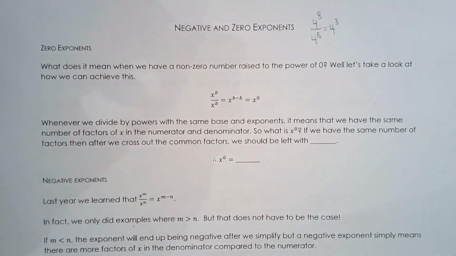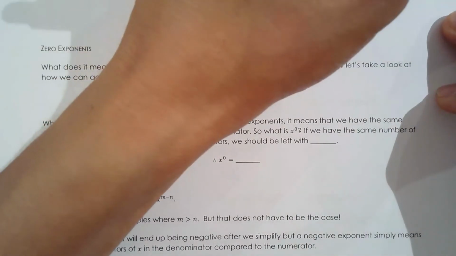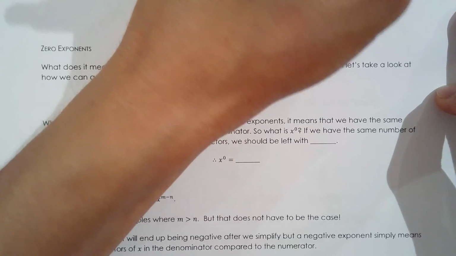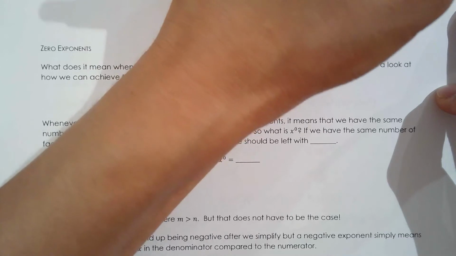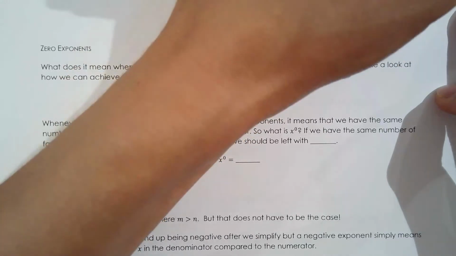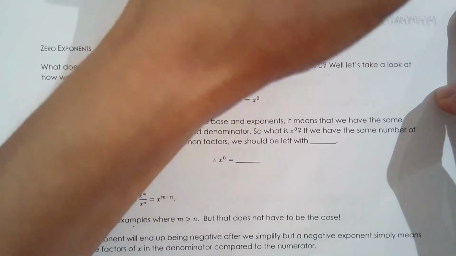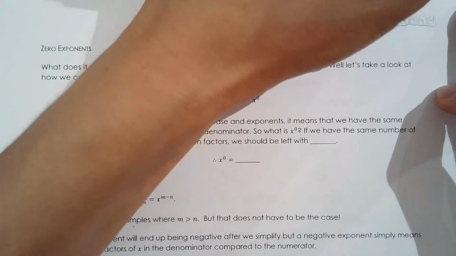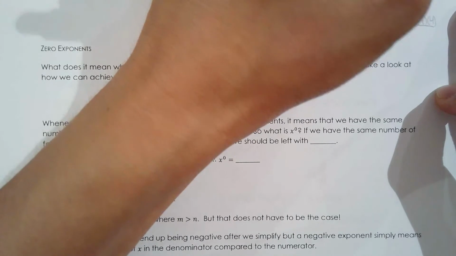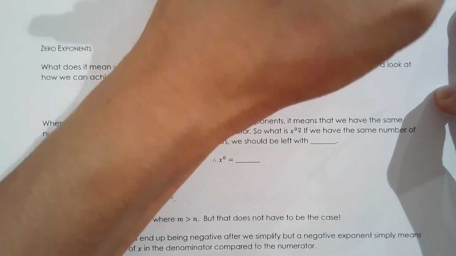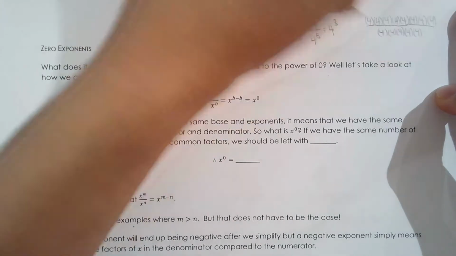And you should also understand why you are subtracting exponents. The rationale is you have 8 factors of 4 in the numerator, because that's what 4 to the power of 8 is. 1, 2, 3, 4. Did I write an extra one? No. There are 8 factors of 4, and there are 5 factors of 4 in the denominator.